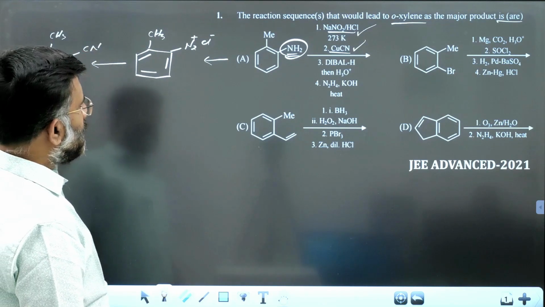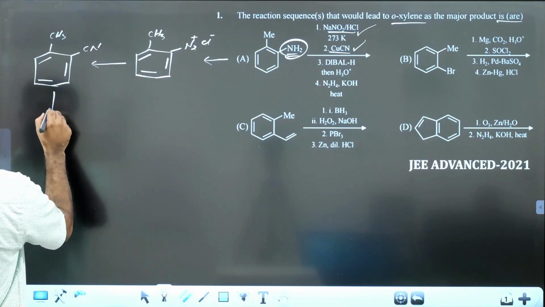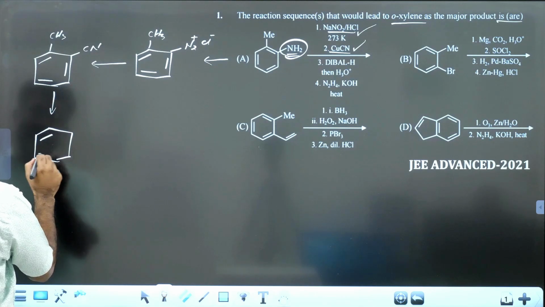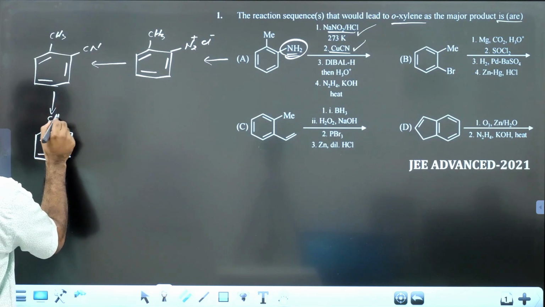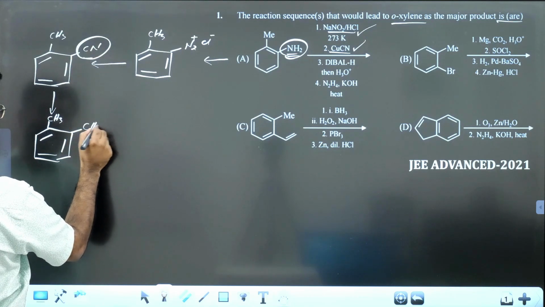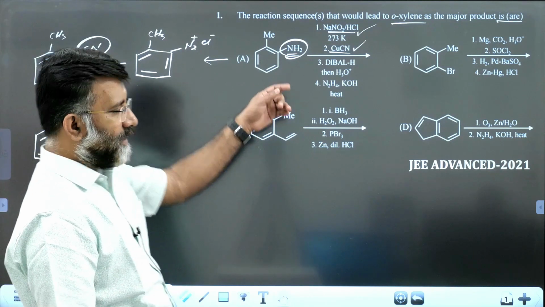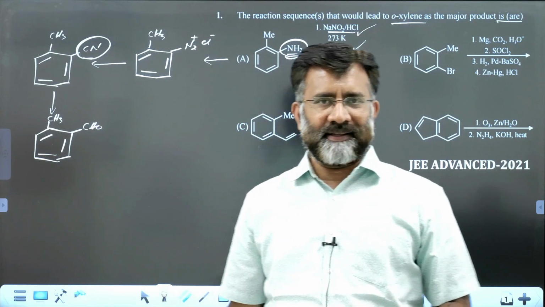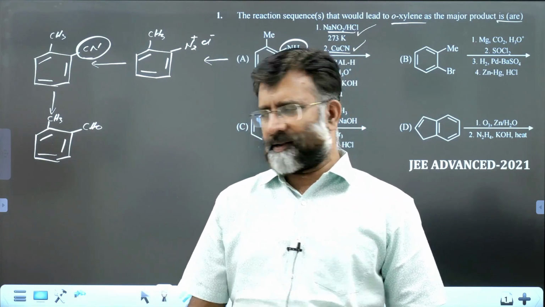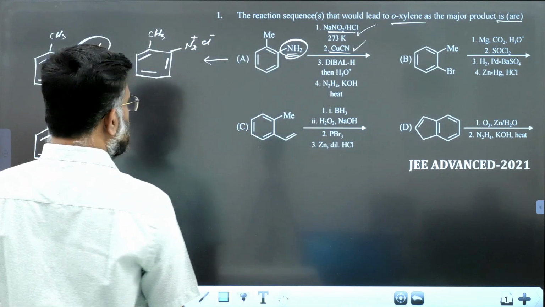What is next? DIBAL-H. Nitrile with DIBAL-H, what is happening? You will get an aldehyde. So CH3 here, and the CN group will turn into CHO group because it is DIBAL-H, diisobutyl aluminum hydride. All the reactions are there in NCERT. You will get an aldehyde.